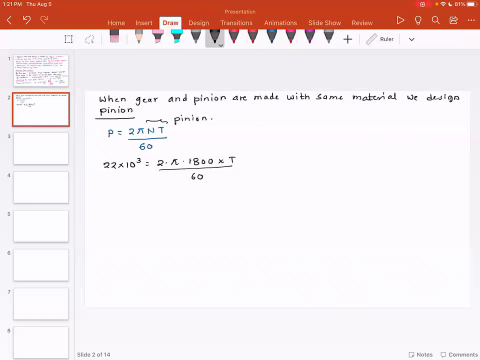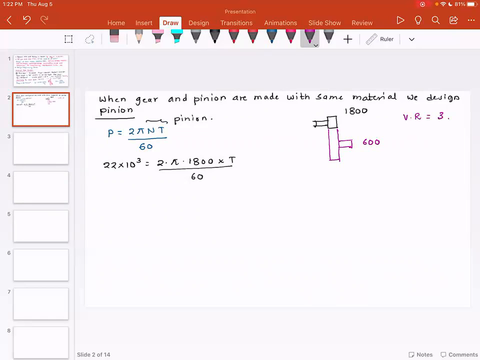The reason for that is the input side speed is 1800, and then we have this big gear on the output side that is rotating at 600. So the velocity ratio or gear reduction ratio is 3.